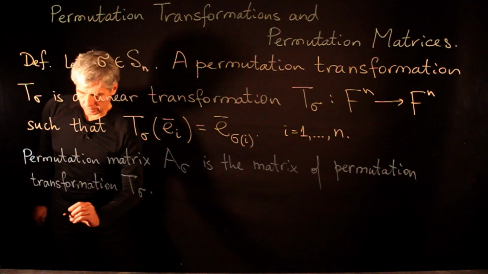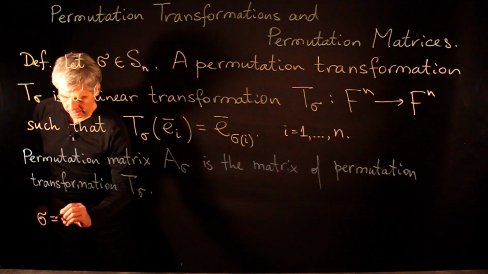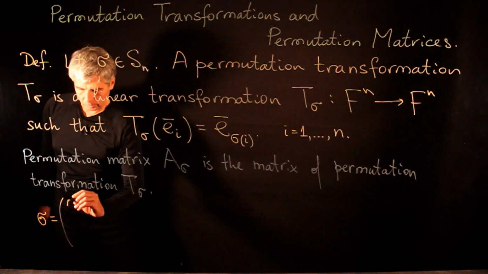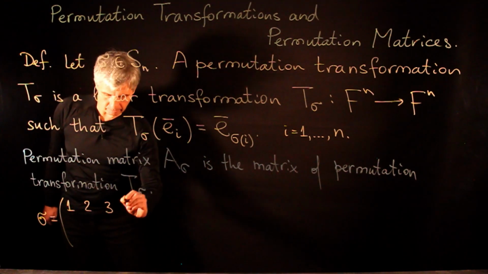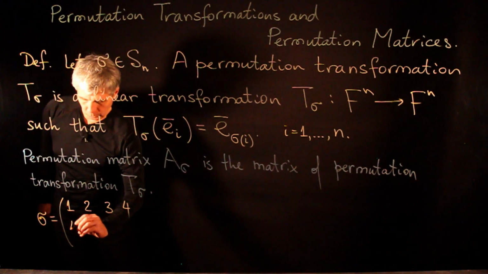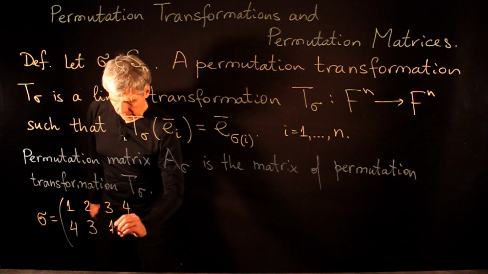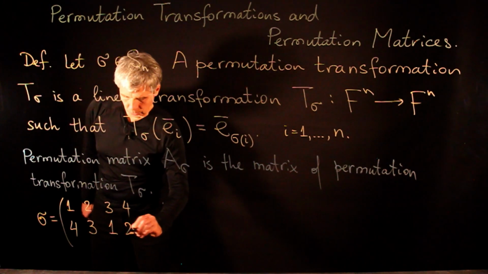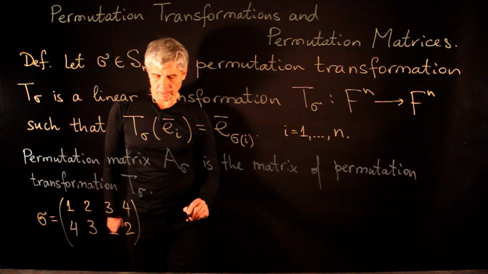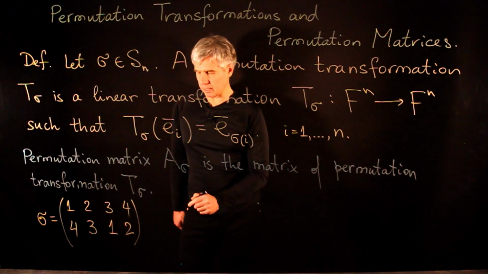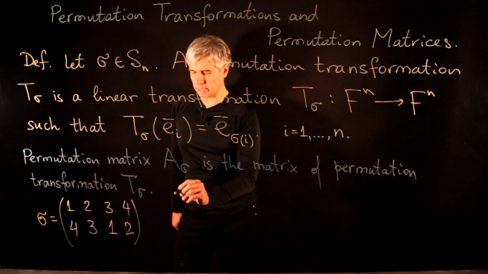Let's give an example. Suppose sigma is the following permutation from S4. Suppose 1 goes to 4, 2 goes to 3, 3 goes to 1, and 4 goes to 2. Then what is the permutation transformation T sigma?